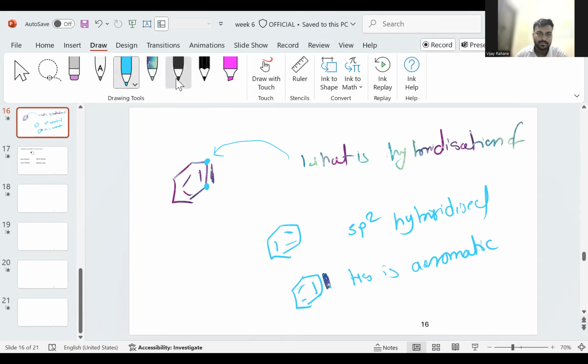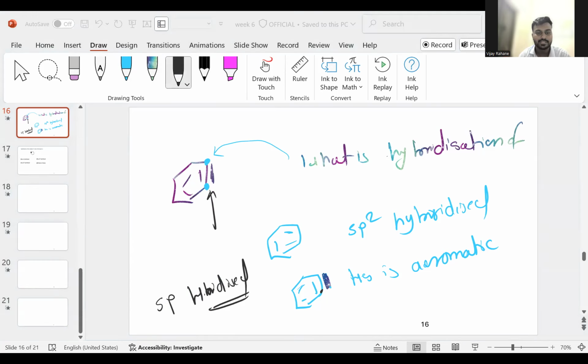So now, the question is whether this carbon is sp hybridized or sp2 hybridized. So this carbon is sp hybridized. So these carbons are sp hybridized and other carbons are sp2 hybridized. So that you have to remember. So the hybridization of this carbon of the benzyne is sp hybridization.